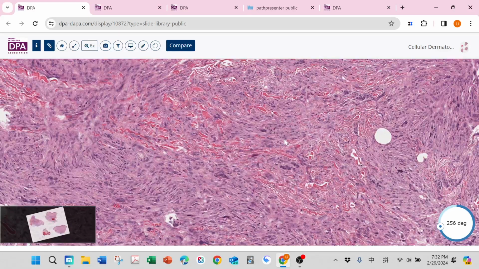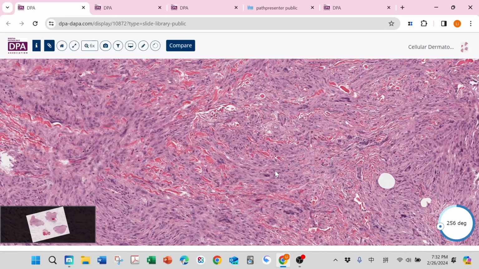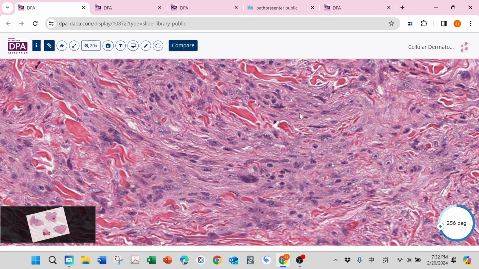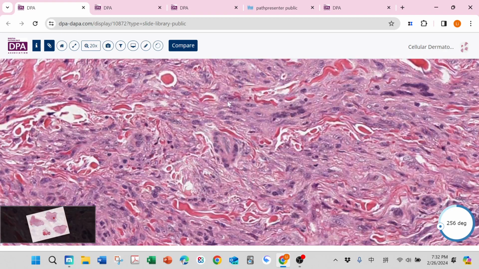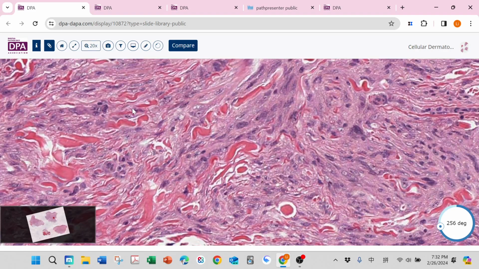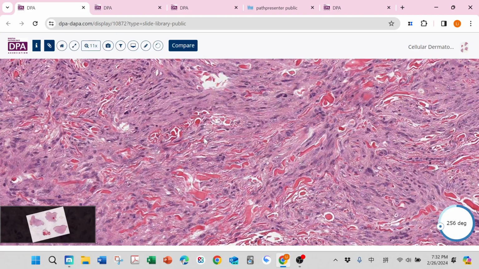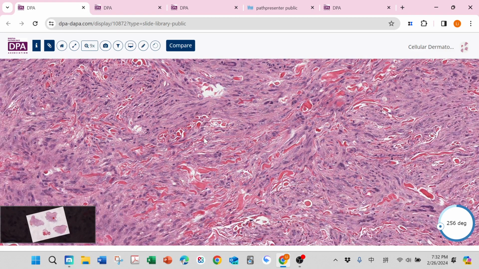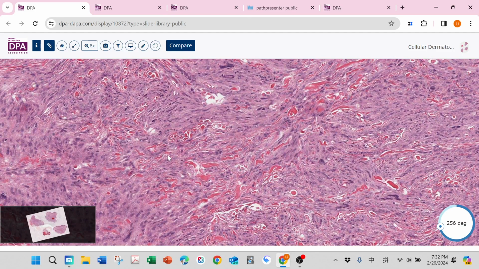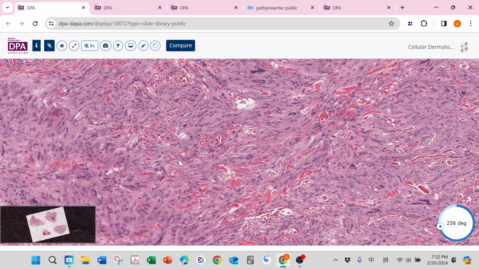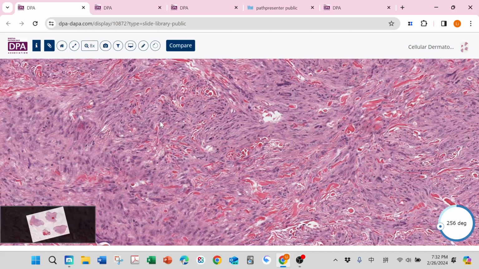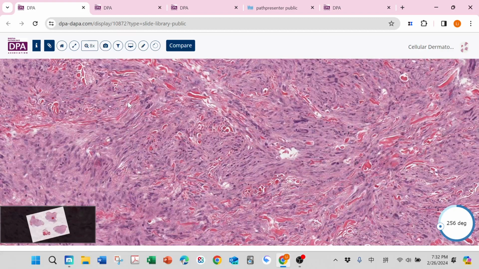And another good finding is hemosiderin. I forgot to mention, but it seems in this lesion we do not see really nice hemosiderin, because usually in dermatofibroma there will be some extravasated red blood cells, and when the red blood cells die, they leave hemosiderin deposition.